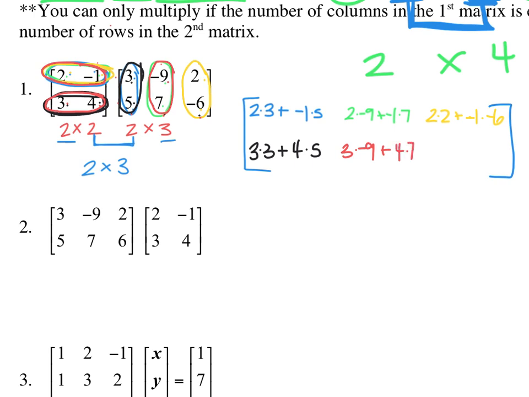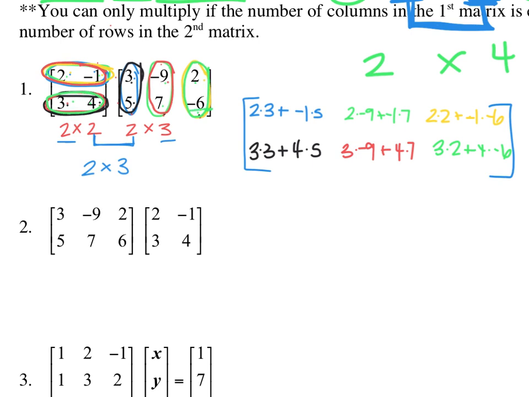And then for the last one, we're going to do the 3 and 4 again, that row of the first, multiplied by the last column of the second matrix. So we'll do 3 times 2 plus 4 times negative 6. My fault.